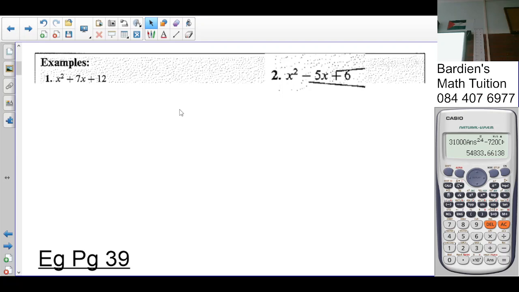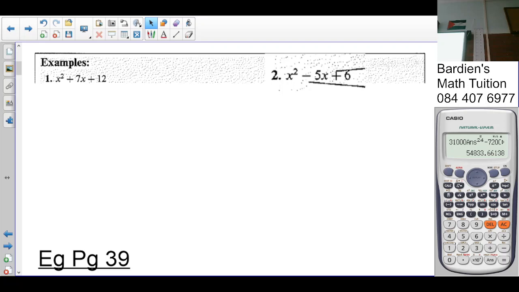Okay. So now I'm going to look at the first sum. What do you notice about both of those sums?